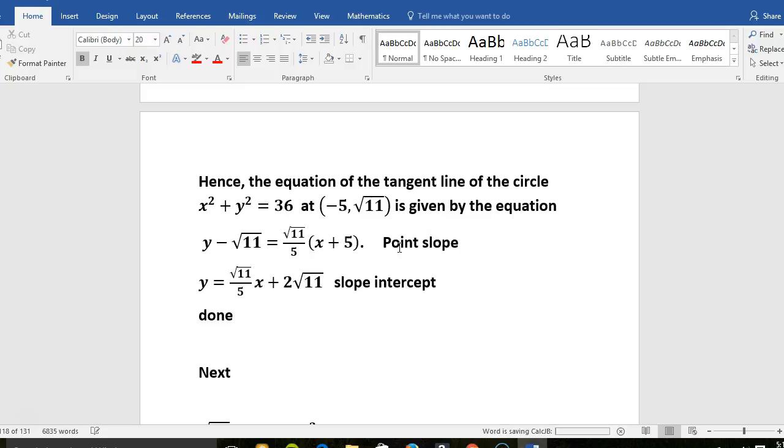It depends on what your professor asks for. If he or she asks for point slope, you'll have to give him or her this equation. And if he or she asks for the slope intercept, you'll have to give him or her this equation. So, slope intercept versus point slope, okay?